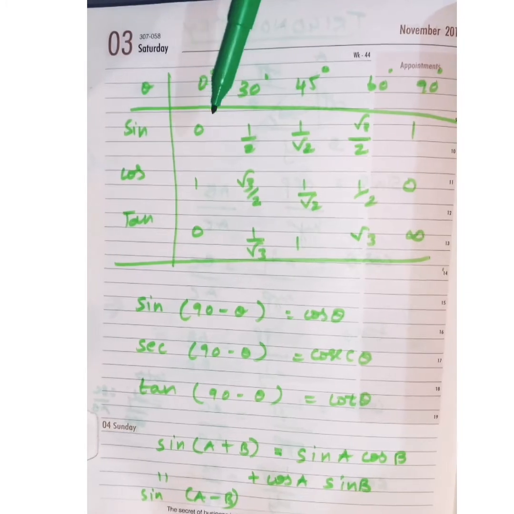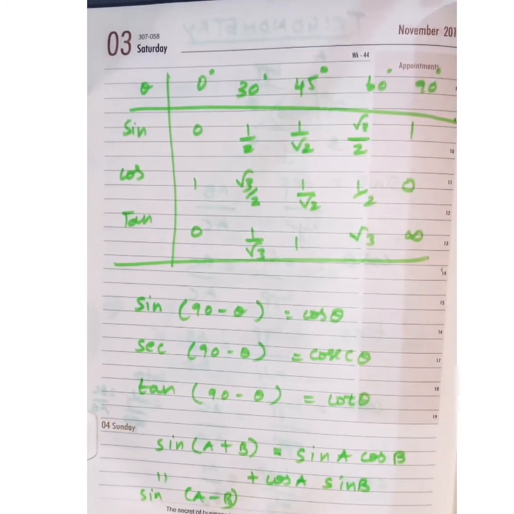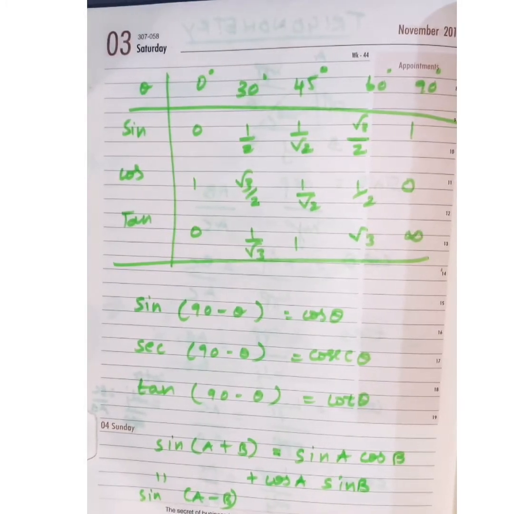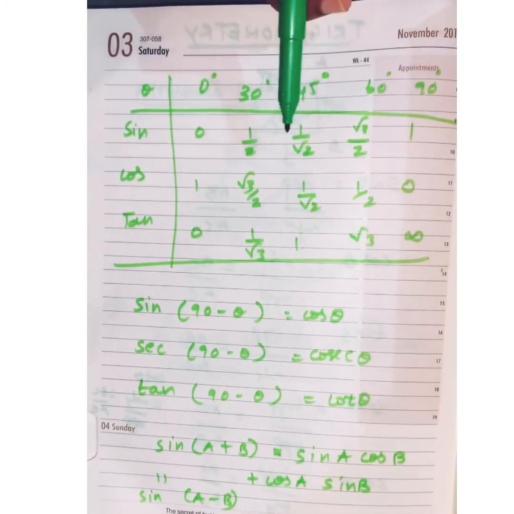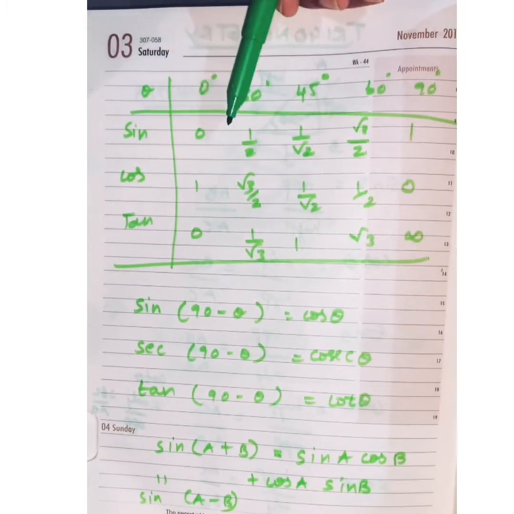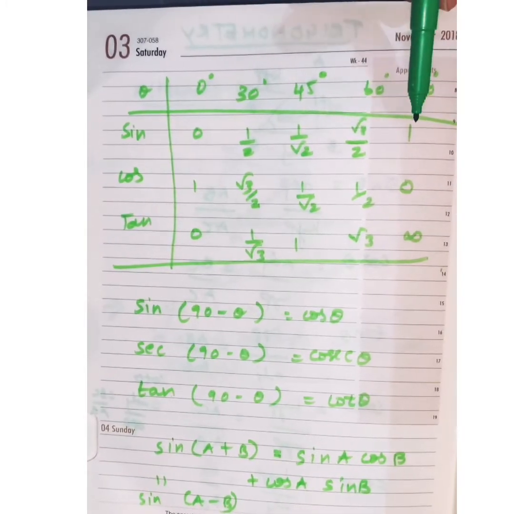For finding the value of sine: sine 0 degree, the value is 0. Sine 30 degree is 1 by 2. You have to substitute the values depending on what is asked. Know the first row: 0, 1 by 2, 1 by root 2, root 3 by 2, 1.